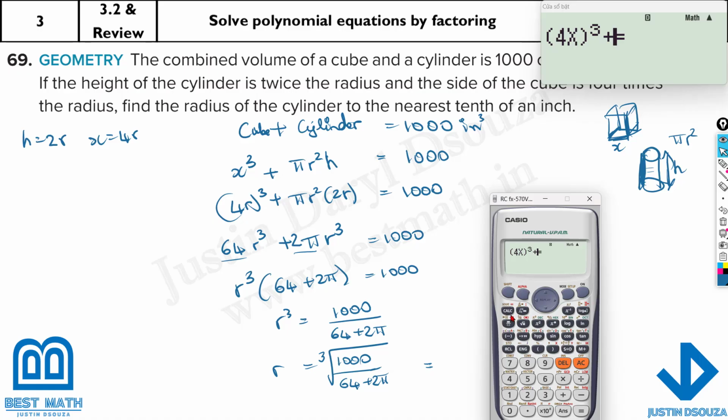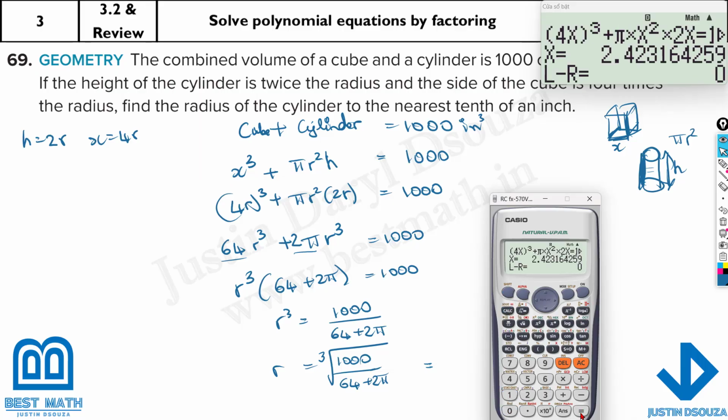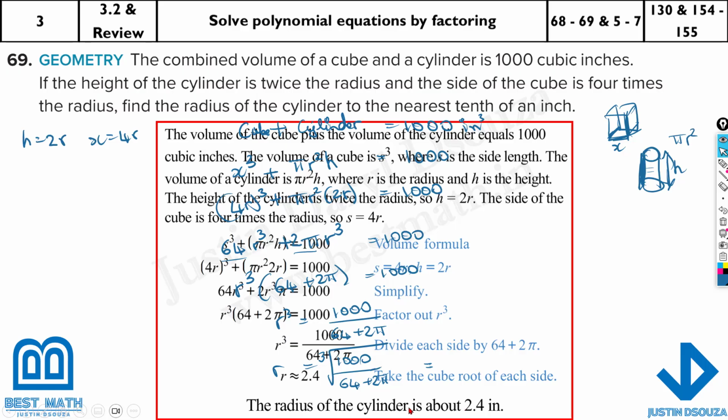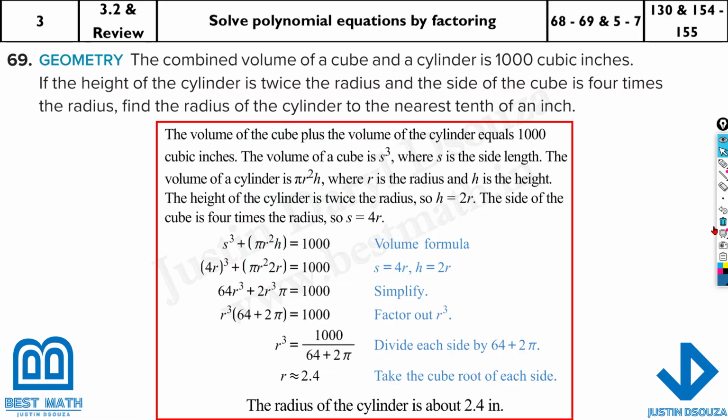This is plus pi, multiplied by the radius, that is x squared, multiplied by 2 times radius again. So it's pi x squared times 2x. That is equal to 1000. Shift and solve and then press equal to. You can see it's 2.4. So whichever method you use, you can check your answer from that. So here the answer is 2.4 and that will be the final answer.